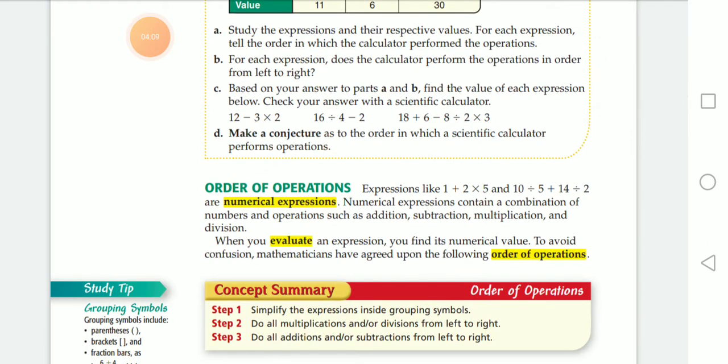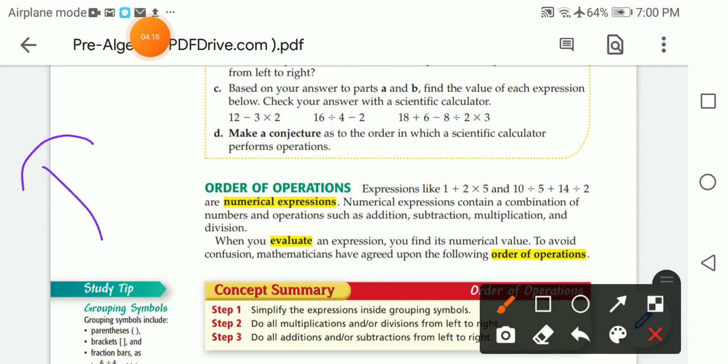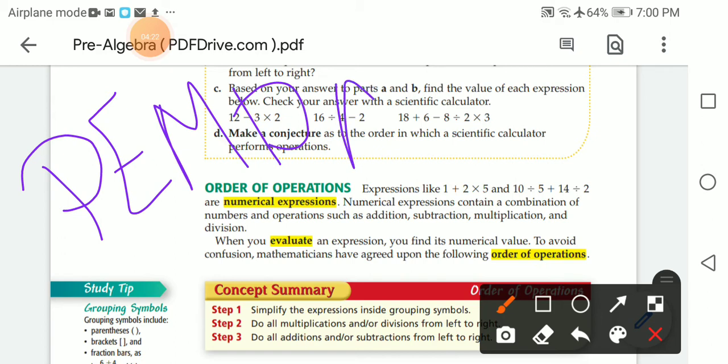I want to tell you something. I've told you something before in grade 7. Do you remember PEMDAS? Who remembers? PEMDAS is the order of operations.